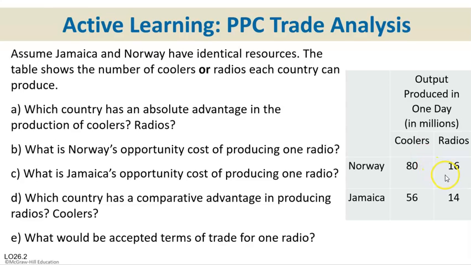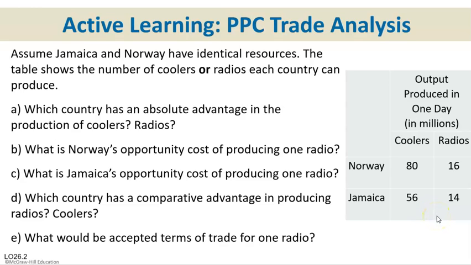Or if they used all their resources and only produced radios, they would have 16 radios, but then they would have no coolers at all. So they could have 80 coolers or 16 radios. Or if they're not trading with Jamaica and they want that self-sufficiency output mix, maybe they could split their resources half and half, and they would have 40 coolers and 8 radios. That's a possibility as well.